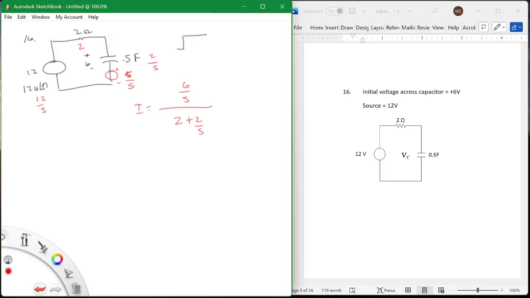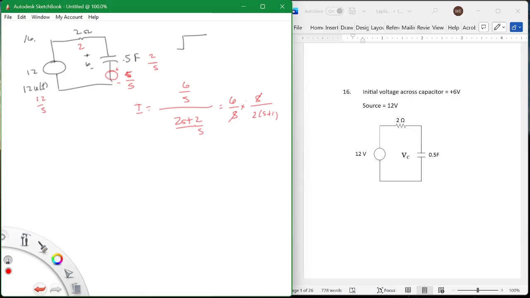Now there are other things you can ask for as well, but basically this would be the first thing to start with. So my current is my voltage divided by my resistance. So basically now you've got 6 over s times, now this would be 2s plus 2. So the s is in the numerator. This would be over 2 times s plus 1. All right, this one goes to the numerator. These cancel out.